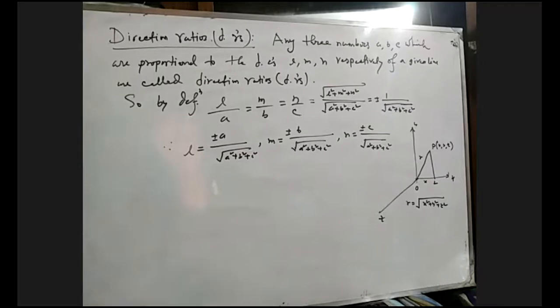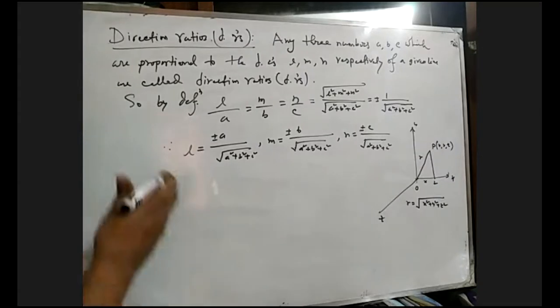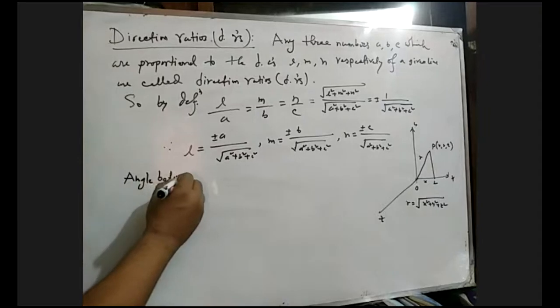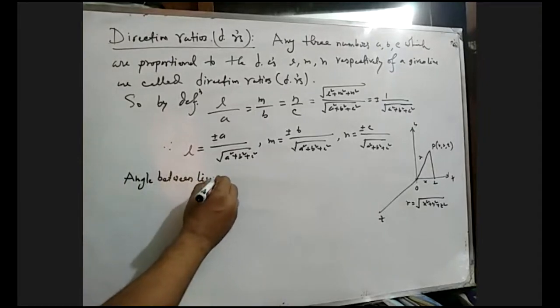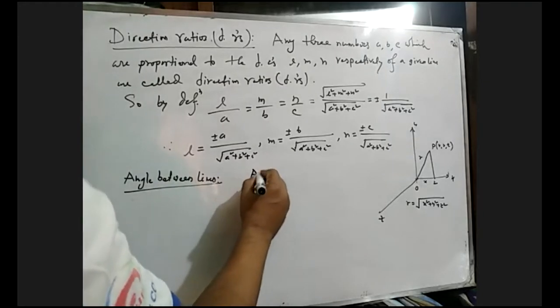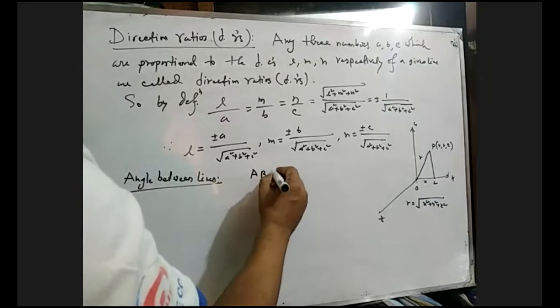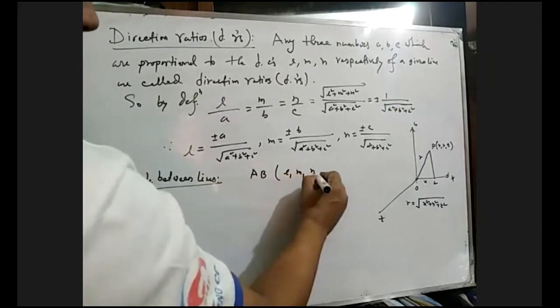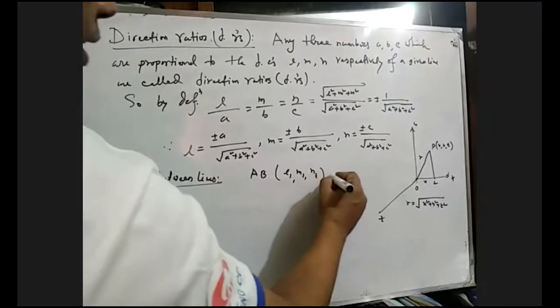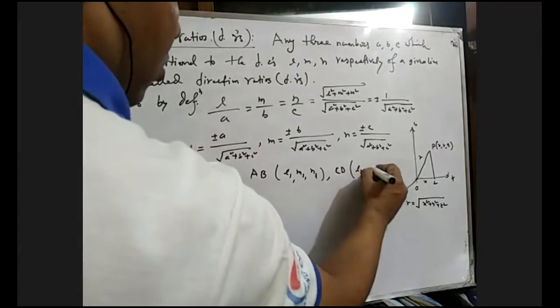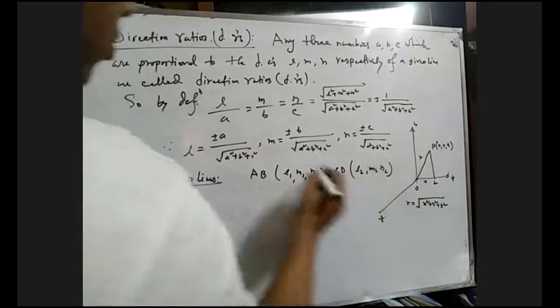Now angle between two lines. Suppose the first line AB has direction cosines L1, M1, N1, and another line CD has direction cosines L2, M2, N2.